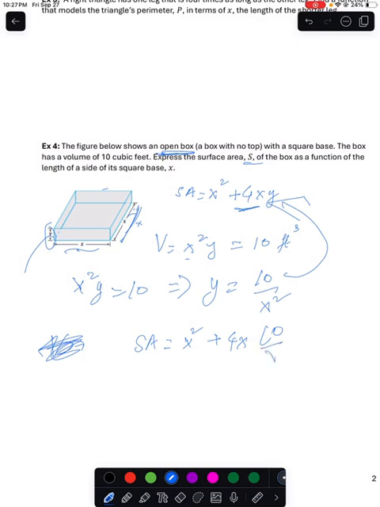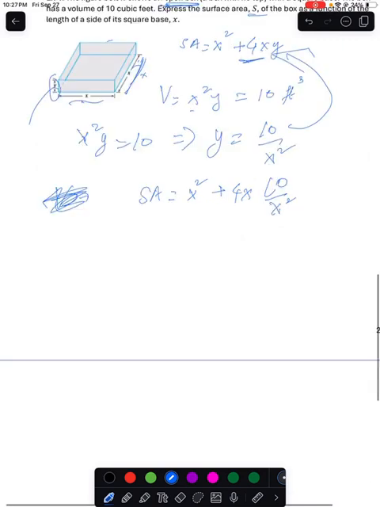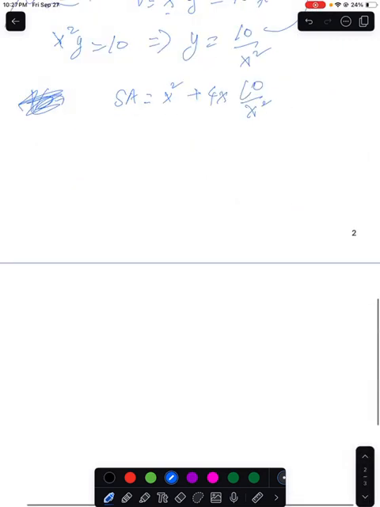Now you can see that we can simplify this second term, so you must simplify. So I end up getting S is equal to x squared plus 40 over x.